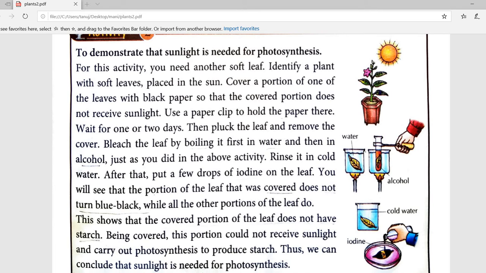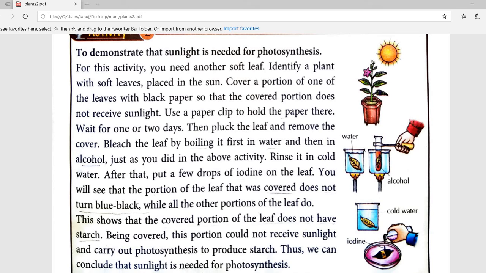As I explained, we put one pot in a dark room and one pot in the light of the sun. Similarly, we take a leaf and cover it with dark black paper, two to three layers, so that the portion of the leaf can't get sunlight.